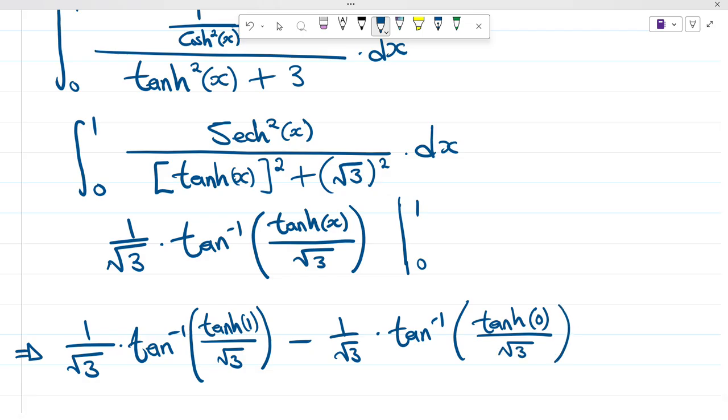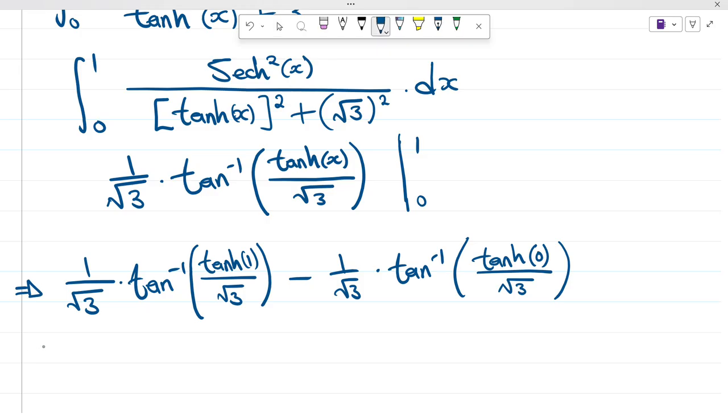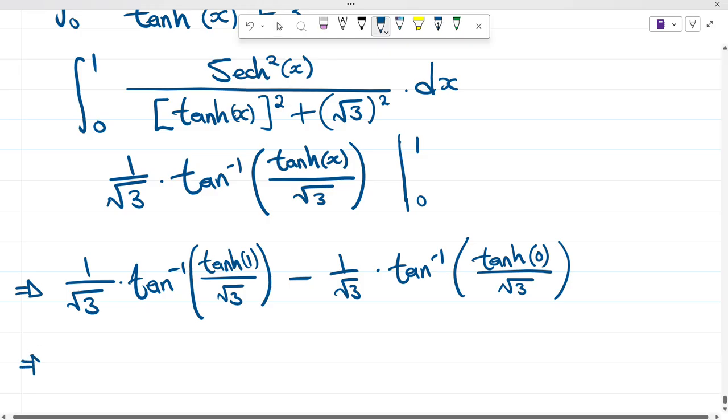Then let's see. I'm gonna punch this on my calculator. Let's see what I'm gonna get. So 1 over square root of 3, shift tan inverse of hyperbolic tan of 1. This one to press is not nice, but I'm pressing on my calculator, guys.